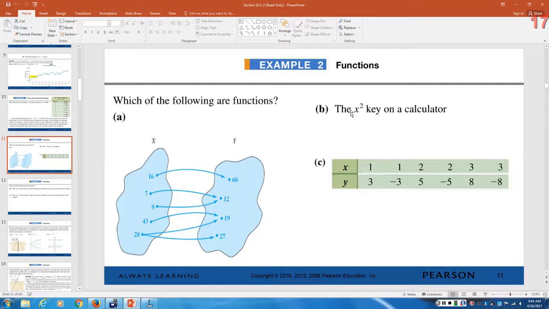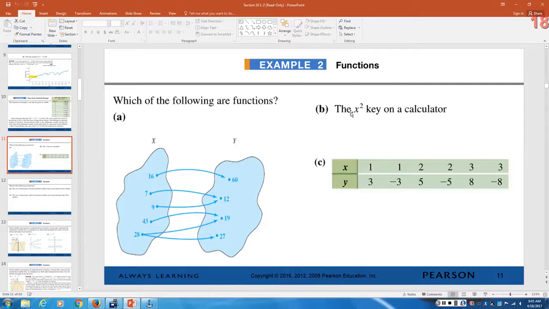Now this one's a little harder to think about. What about the x squared key on a calculator? If you punch in a number on your calculator, you square a number, are there two different possible answers? If you square it, not square root it now, be careful. If you square it, what's the square of 3?